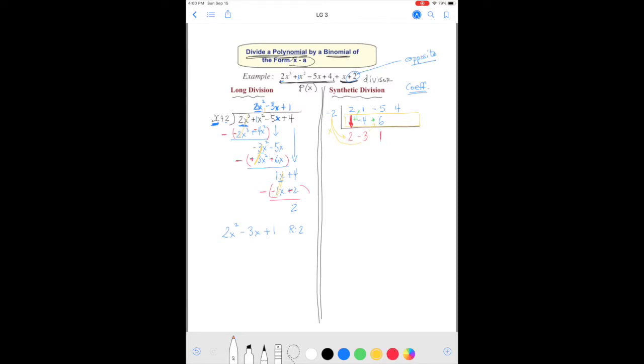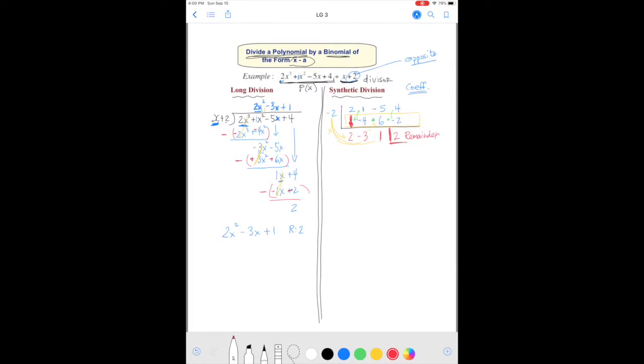Then we repeat the same thing, we multiply, and we get -2, and then we add again right here. So we get 2. And the very last thing, which I put a box around, is your remainder.